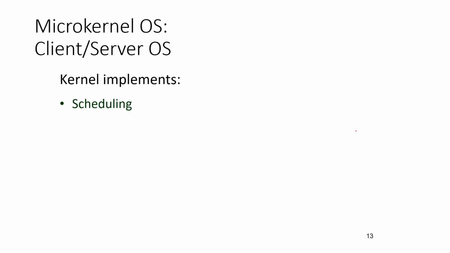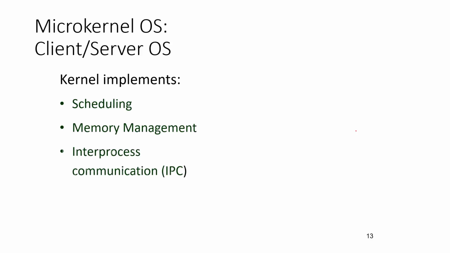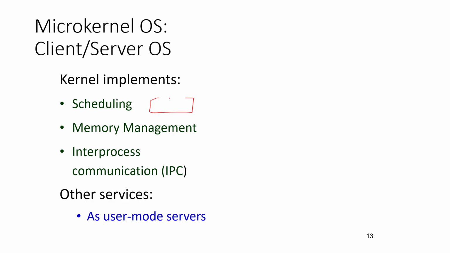So for any kind of client server OS, the kernel would still need to implement scheduling, memory management, and IPC, but all the other services, including practical or runnable or advanced versions of these, can all run in user space.